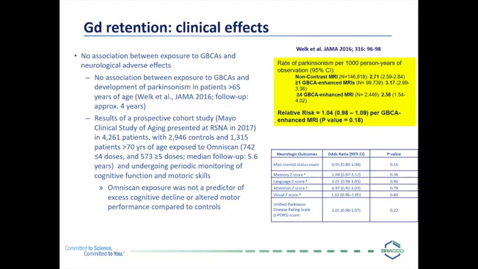Another still unpublished cohort study by Mayo Clinic, including over 4,000 patients, concluded that Omniscan exposure was not a predictor of excess cognitive decline or altered motor performance compared to controls.